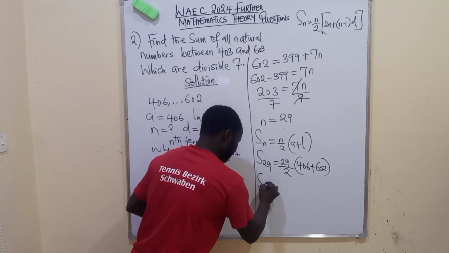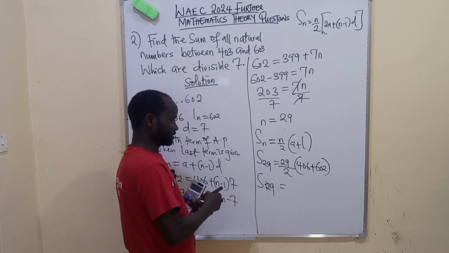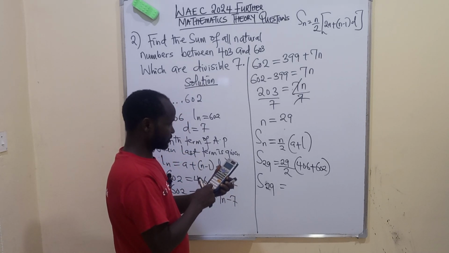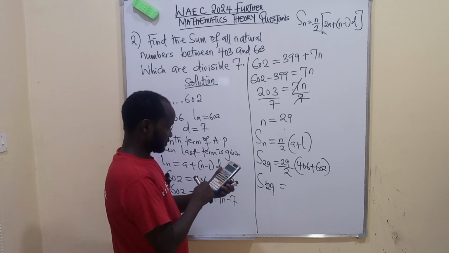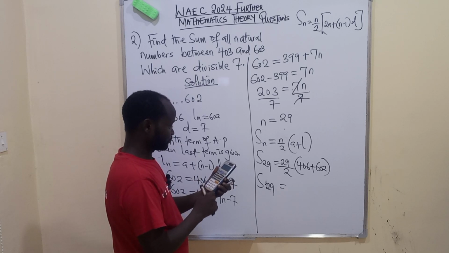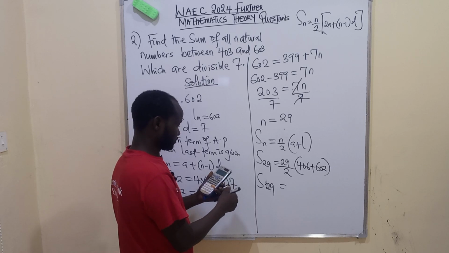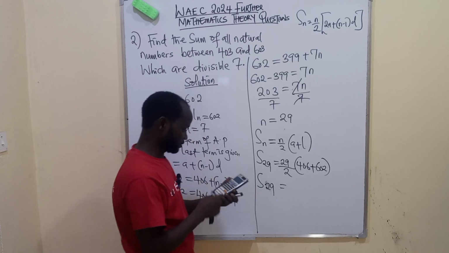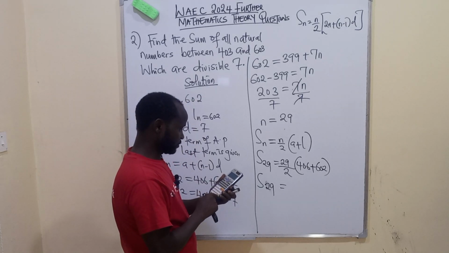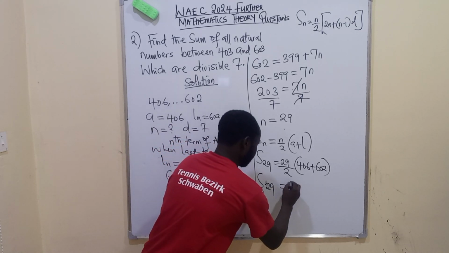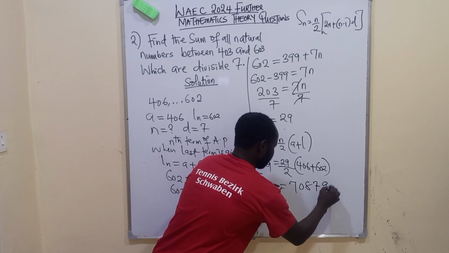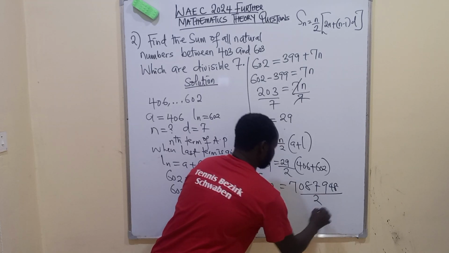So the sum now of all the natural numbers will be equal to, let's multiply 406 times 602. We can say times 29 divided by 2. We can do this directly using our calculator. Let's multiply it by 29 now. Let me write it here. We have 7087948 divided by 2.